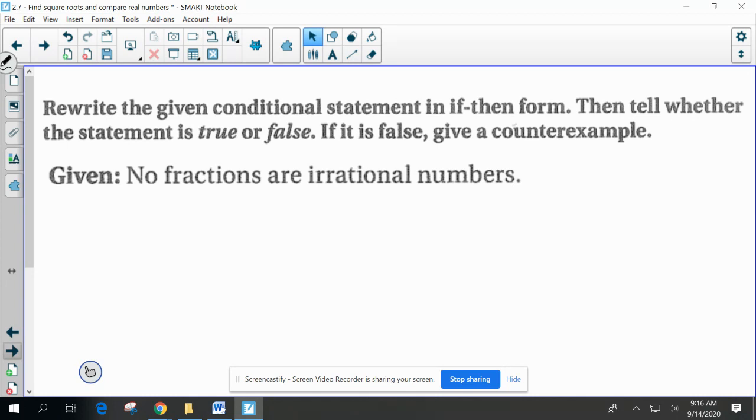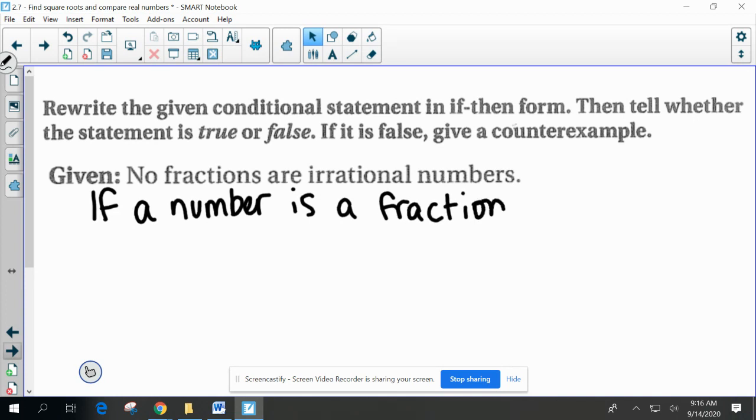Okay, so if a number is a fraction, okay, so this is basically saying if a number is a fraction, then it has to be irrational.